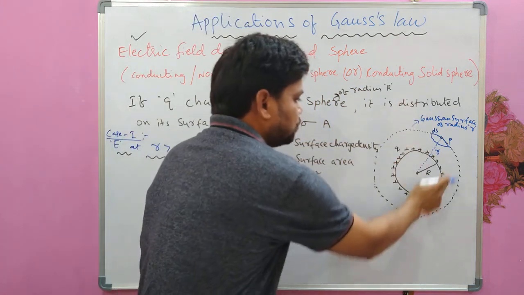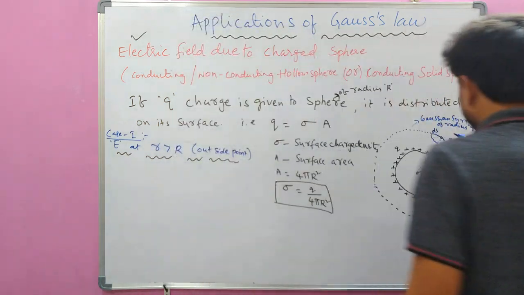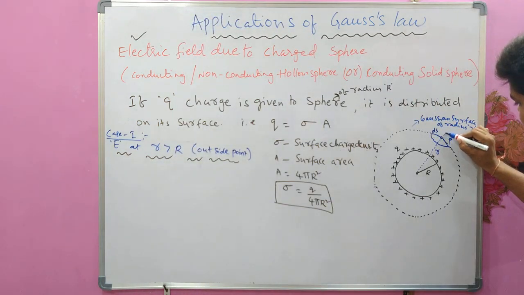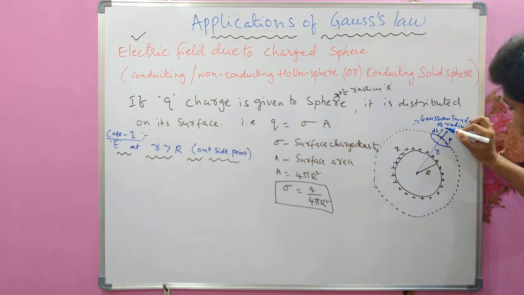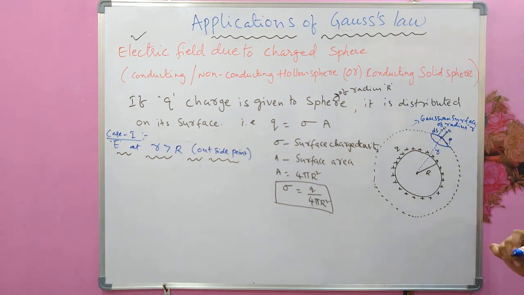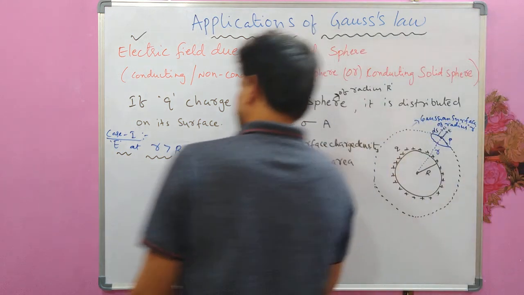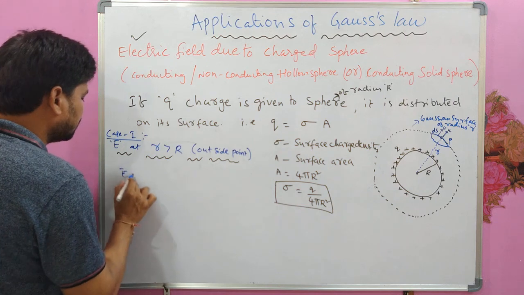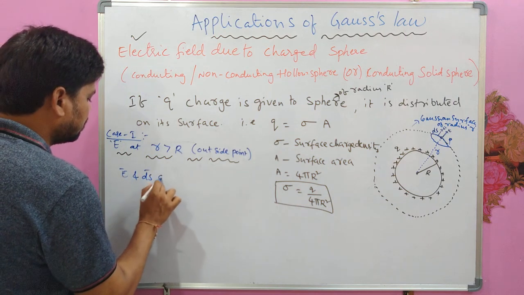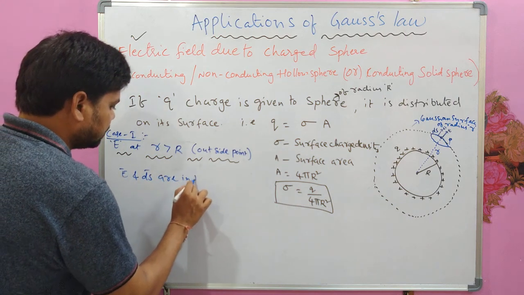See, this is a positive charge distribution, so obviously electric field will be in this direction and ds will be in this outward direction. So this is ds, this is E. Both are in the same direction.